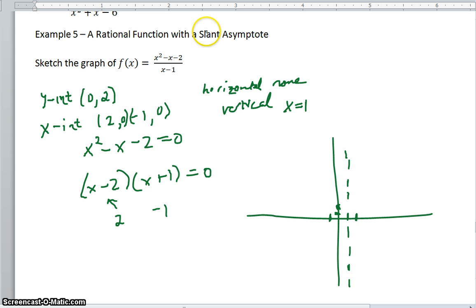Now this last part, this is new, what's called a slant asymptote, and this is particularly new.